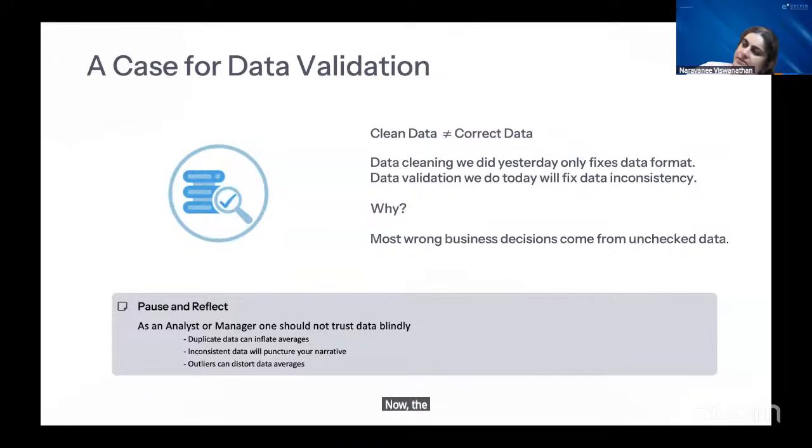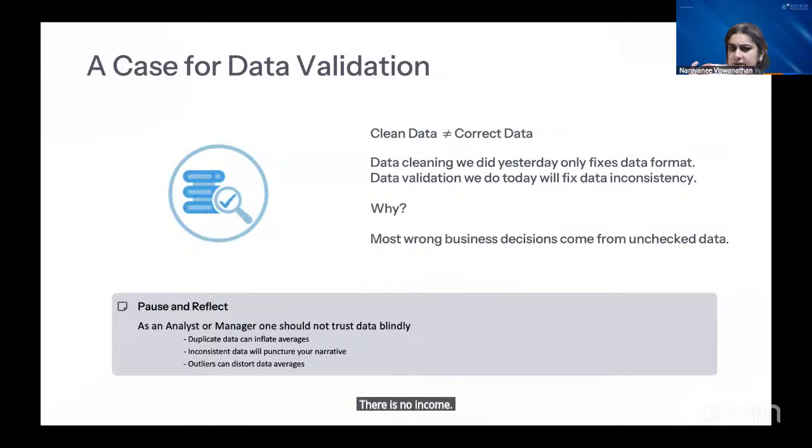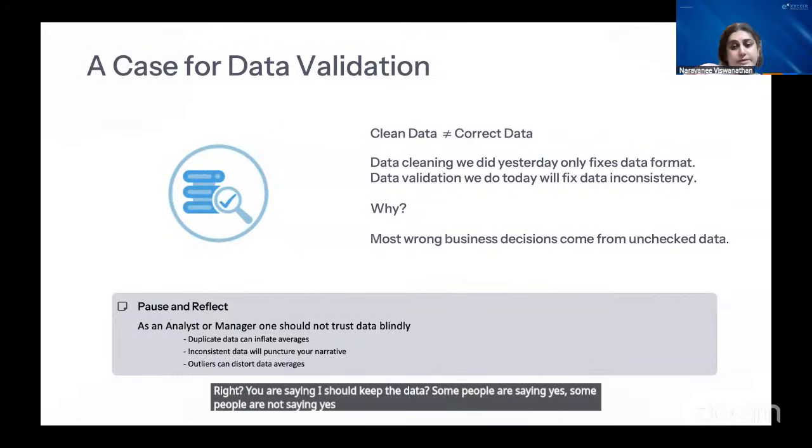Now the question is, should I keep this data? There is one household where there is no income. Some people are saying yes, some people are saying no, I should remove it.